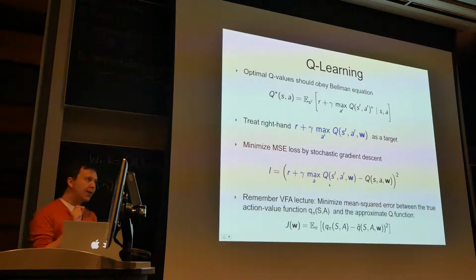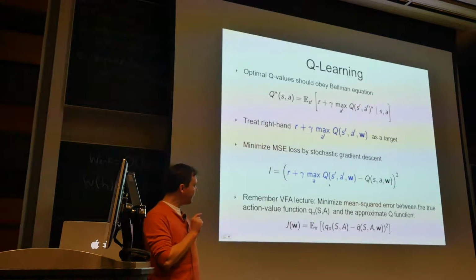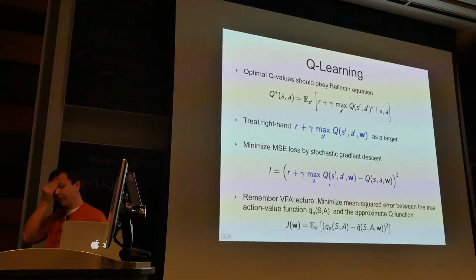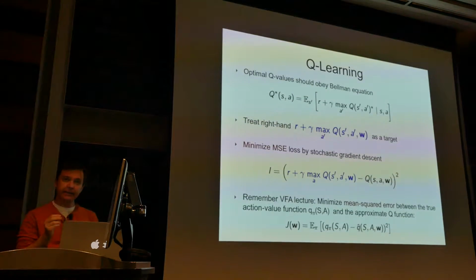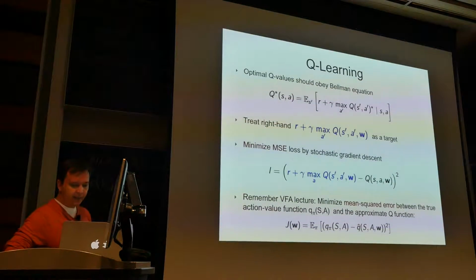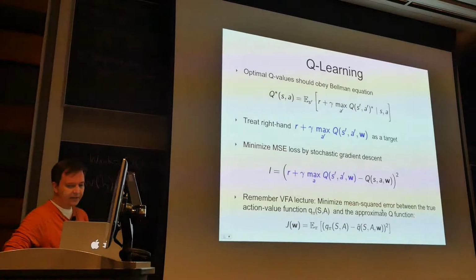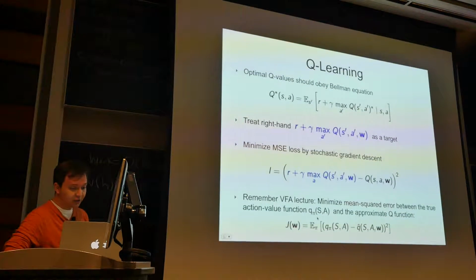Okay? One thing to remember: we had a lecture on value function approximators. In one of the examples, we looked at minimizing the mean squared error between the true action value function and the approximate Q function, right? So we looked at what's the true value versus the approximation.